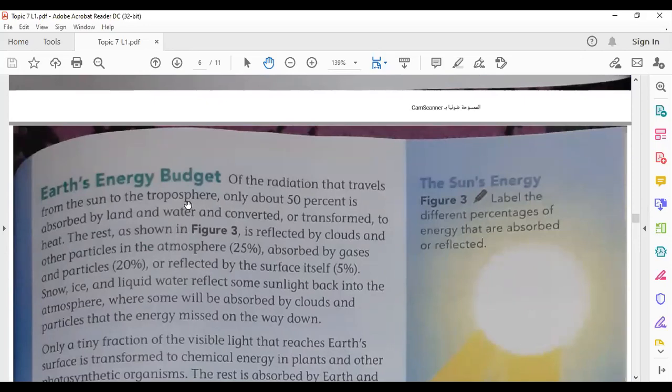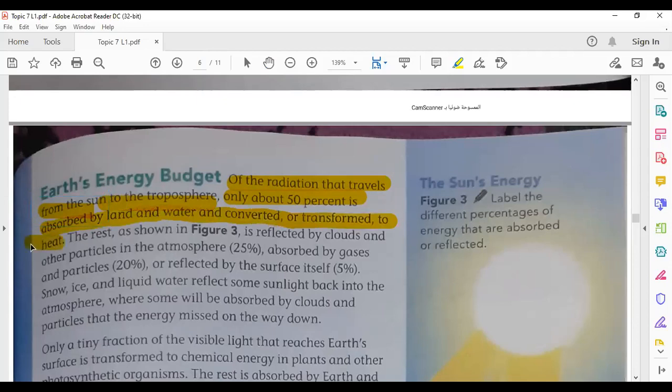Look, of the radiation that travels from the sun to the troposphere, only about 50% is absorbed by land and water and transformed to heat.